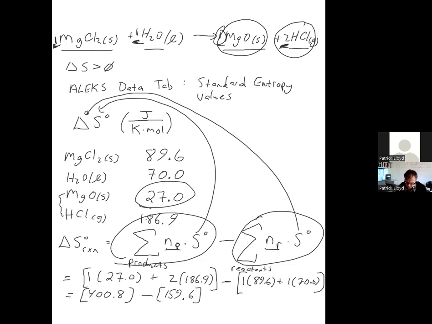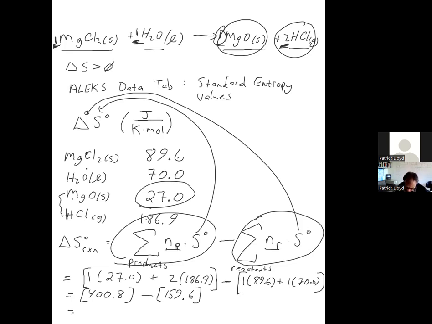Okay, let me just make sure I got these values right here. So MgO is 27 and HCl was 186.9. Okay. So those are your products minus 89 and 70. Okay, good. So now let's take the difference between them.